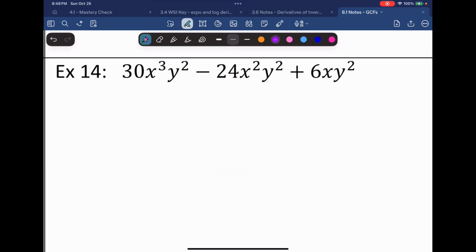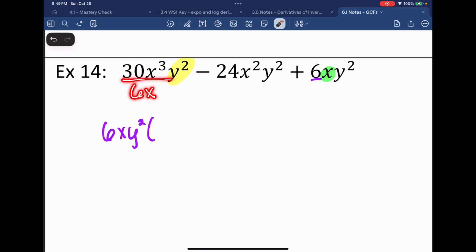All 3 terms can be divided by 6. And it looks like x cubed, x squared, x, y squared, y squared, y squared. So y squared, it doesn't matter which y squared, so don't get all picky with me. 6xy squared. Let's see, 6 goes into 30 5 times. x to the 1, y squared goes, so 5x squared.